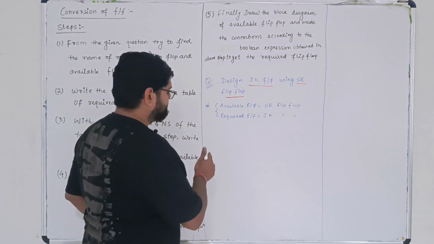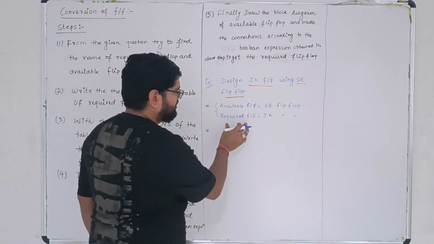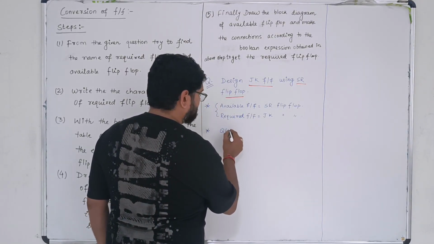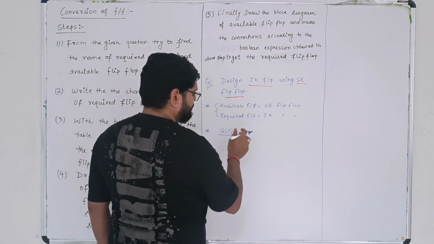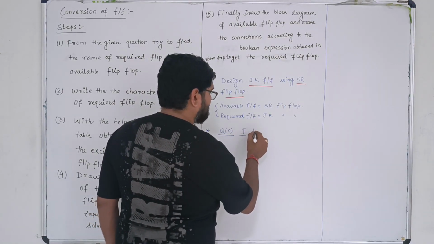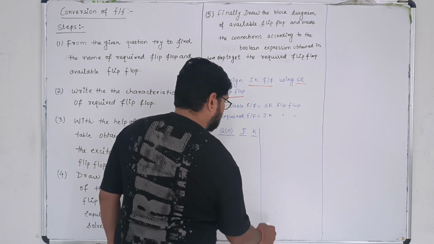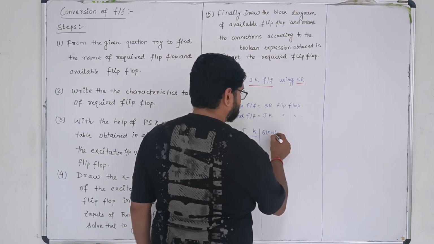Once you are done with that, what was the next step? You need to write the characteristic table of the required flip-flop. I have already said during the explanation of the flip-flop that here the required flip-flop is JK. So for the characteristic table, we'll take the present state, J and K, and with the help of all these three, we have to determine Qn plus 1.